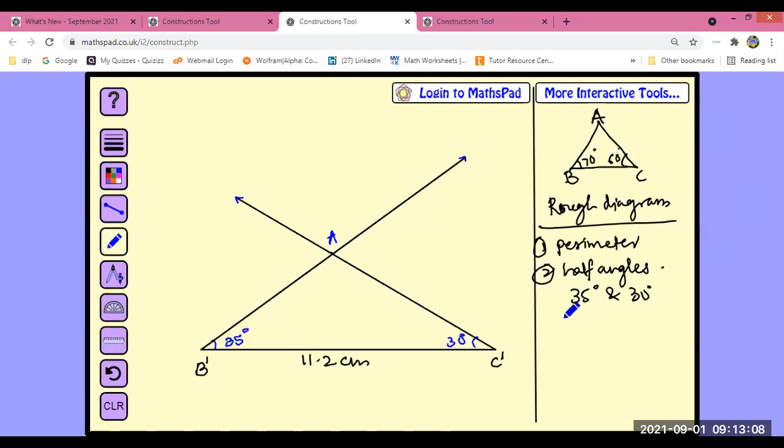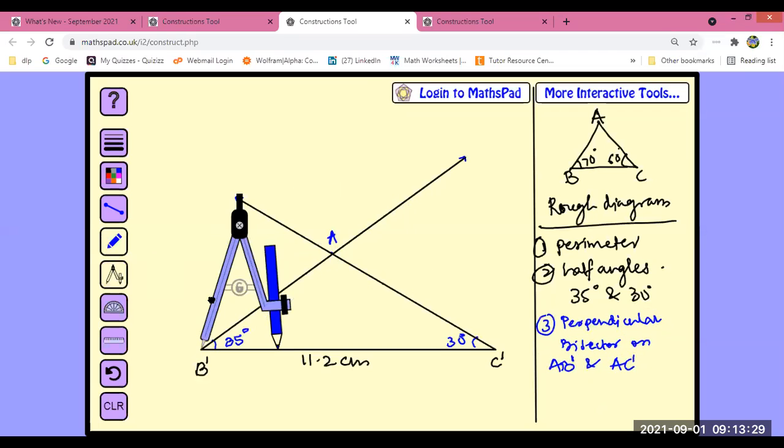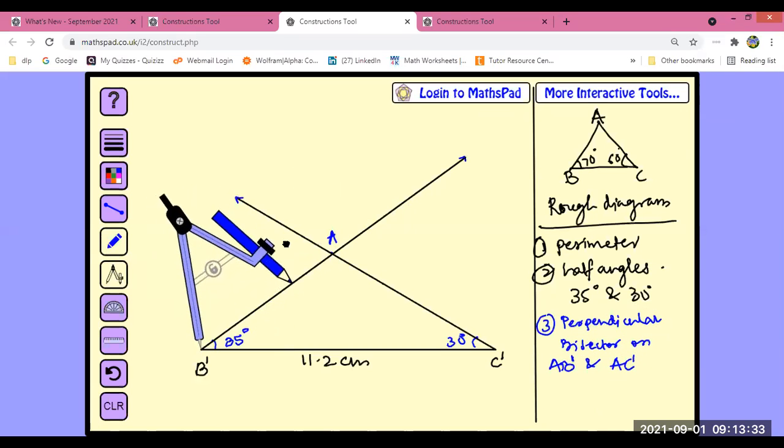Okay. Now third step, we need to draw the perpendicular bisector. So draw the perpendicular bisector on which two sides? On AB dash and AC dash. Okay. So with the help of a compass, we are going to first draw the perpendicular bisector on AB dash.